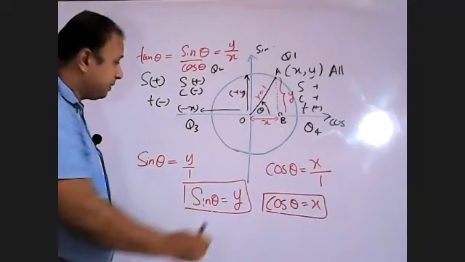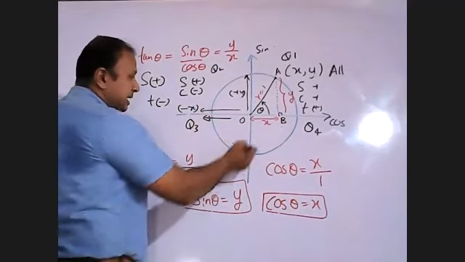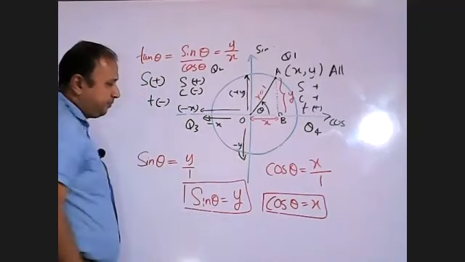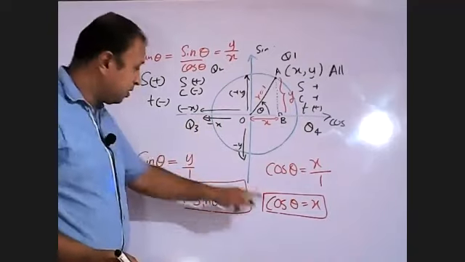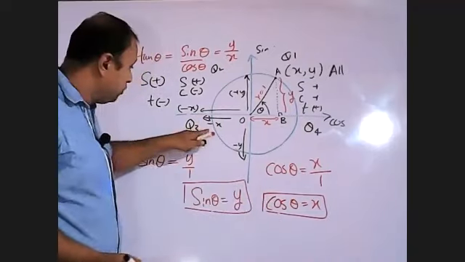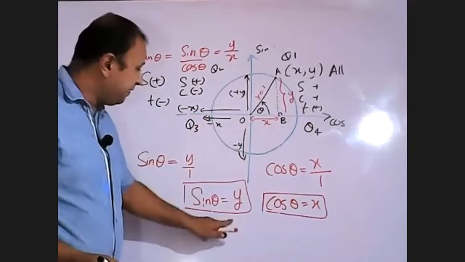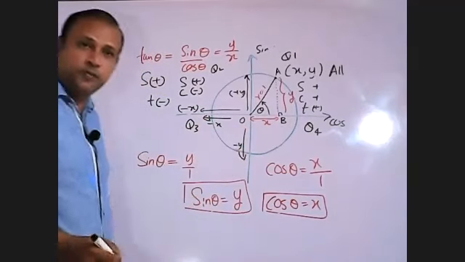Look at Q3. Q3 is bounded by minus x and minus y. Therefore, in Q3, cos theta values are negative because x values are minus values. Sin theta values are negative because y values are negative.